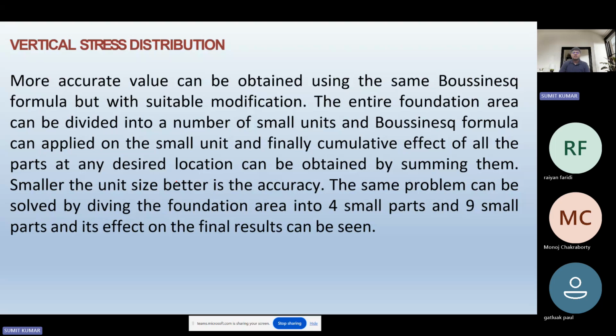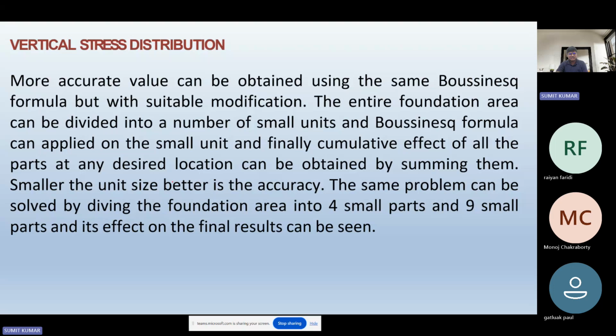Finally, the cumulative effect of all parts at any desired location can be obtained by summing them. The smaller the unit size, the better the accuracy. The same problem can be solved by dividing the foundation area into 4 small parts and 9 small parts, and its effect on the final result can be seen.